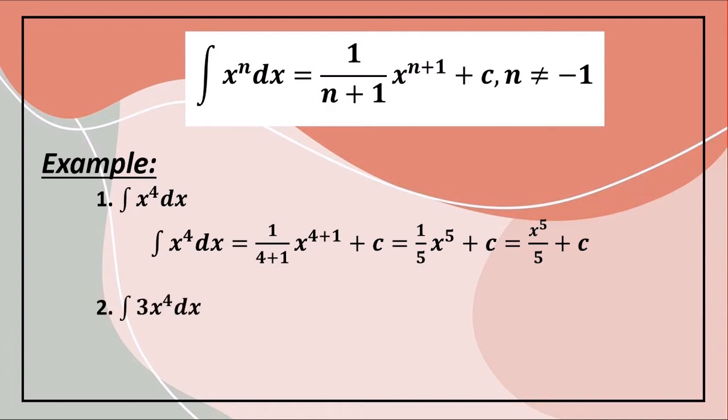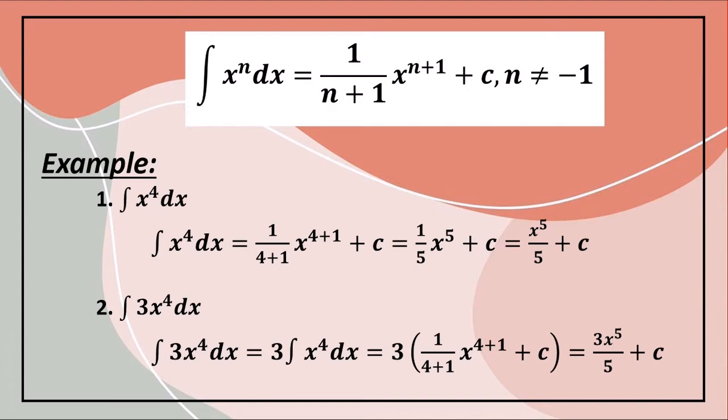Another example, the indefinite integral of 3x raised to the power of 4 dx. In the second example, we have a constant which is 3. So we can apply the constant rule also. So let's put the 3 outside the integral symbol, then x raised to the power of 4 dx equals 3.